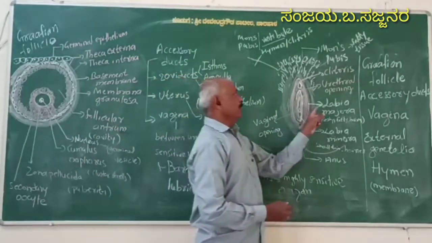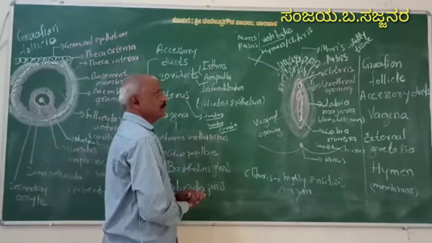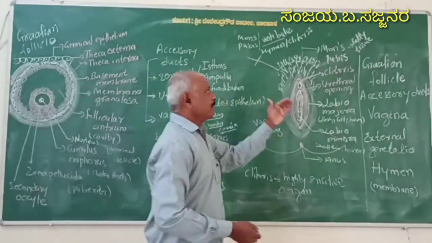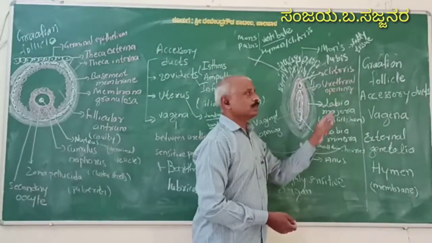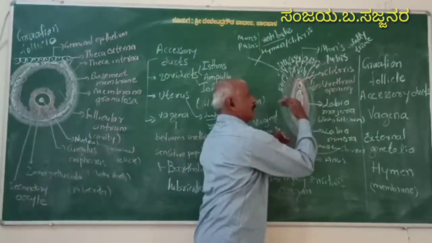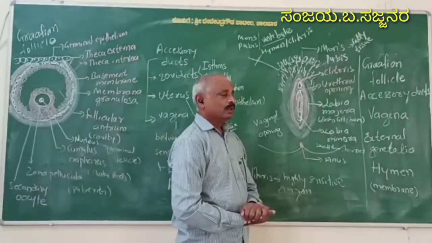So it is called the urethral opening. Above that, we get the clitoris. It is present just above the urethral opening.